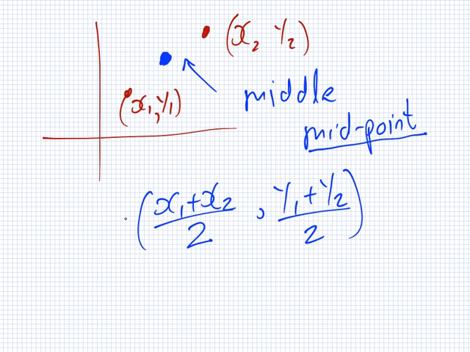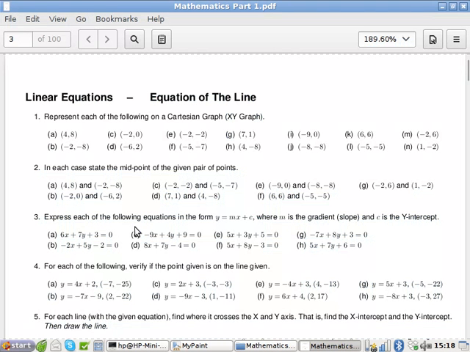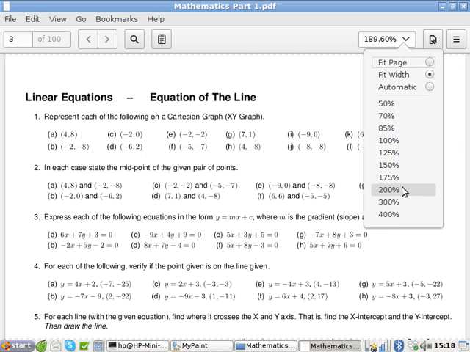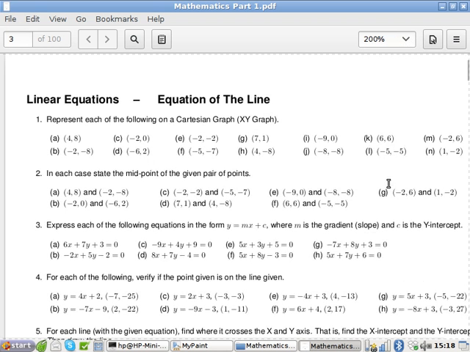Let's see. So I think just maybe to do a couple of examples here. Can you see this? Okay, so in the first question, we just want to draw the point, and in the second question, we want to find the midpoint. So just to warm up a little bit, I think I'll do A and A here, but I'll just let you try it first.